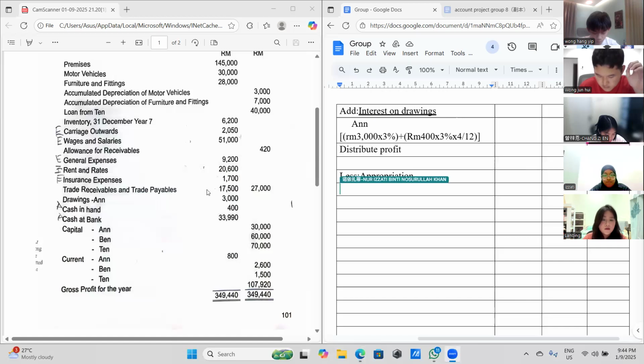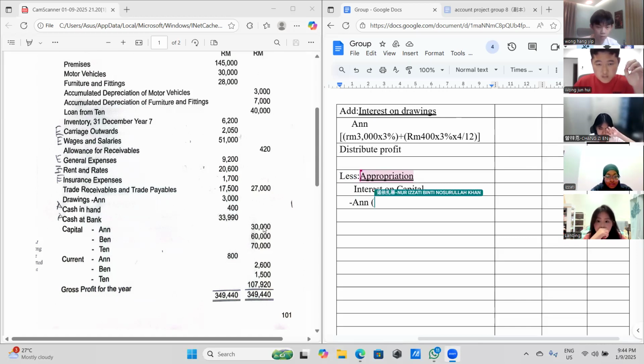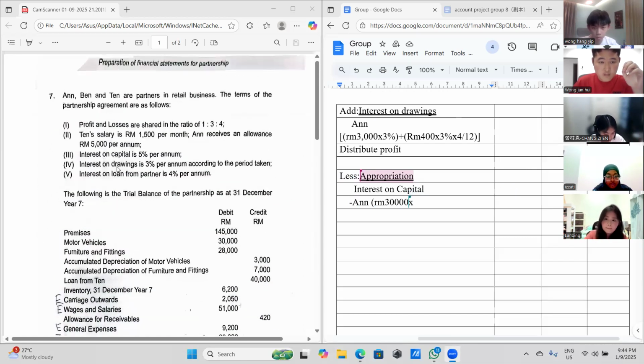The first format for this appropriation is interest on capital. Anne has about RM 30,000 in her account, so we have to multiply with another 5% for it.